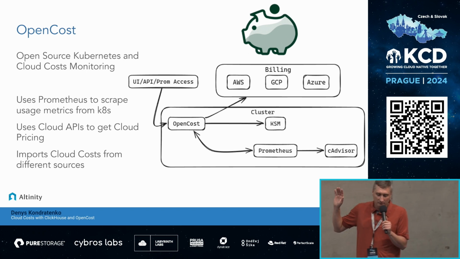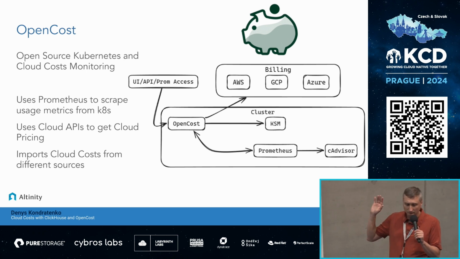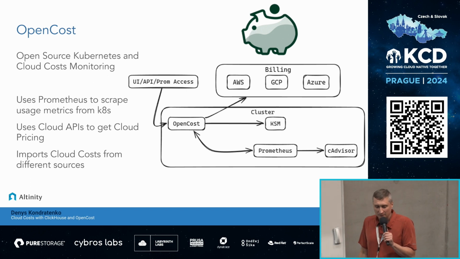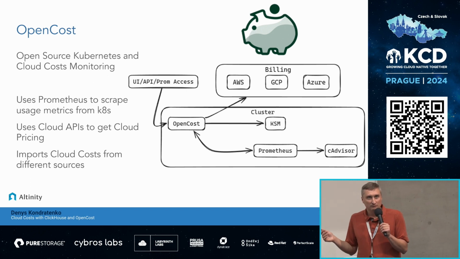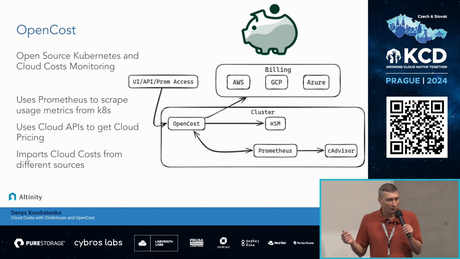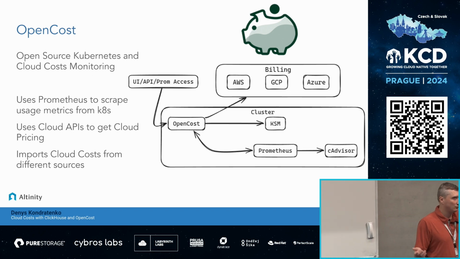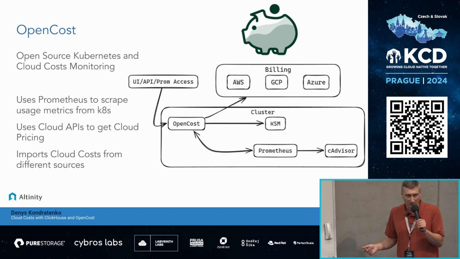Another player in this picture, and the most important one, is OpenCost. And when we came to the problem that we need to measure those costs, OpenCost was already there, and it was an obvious solution for us as well.